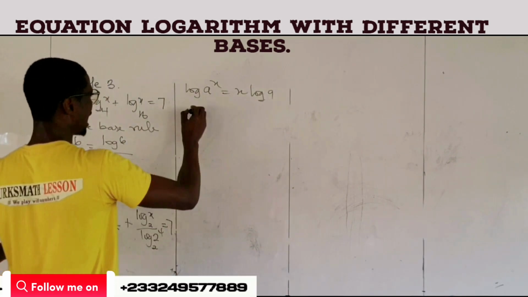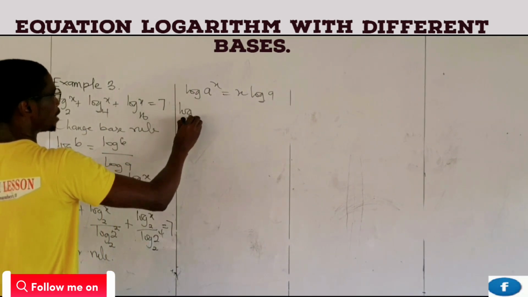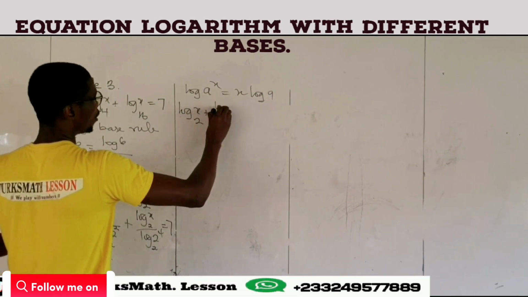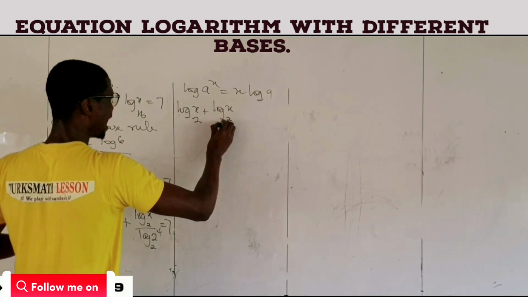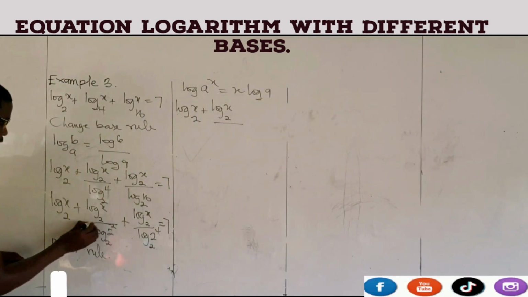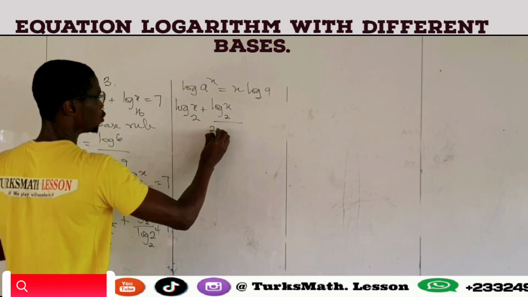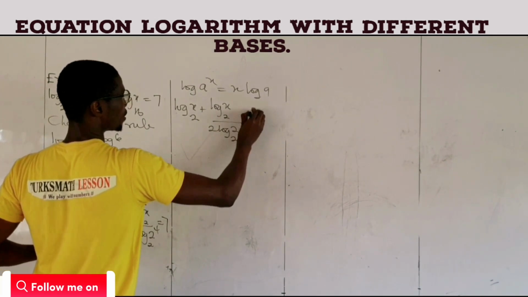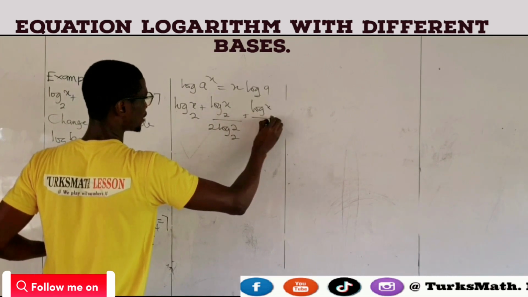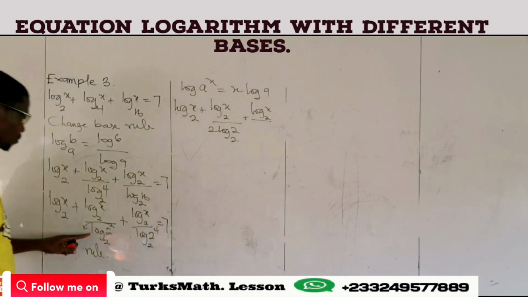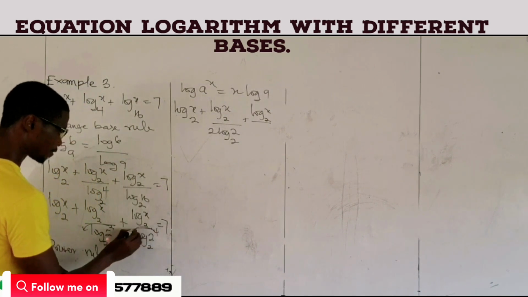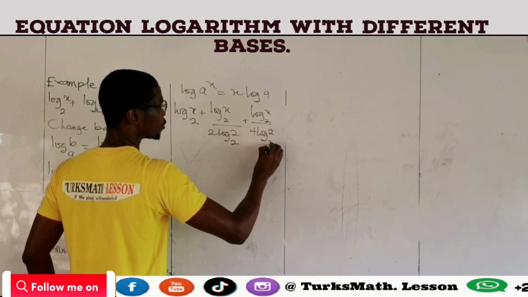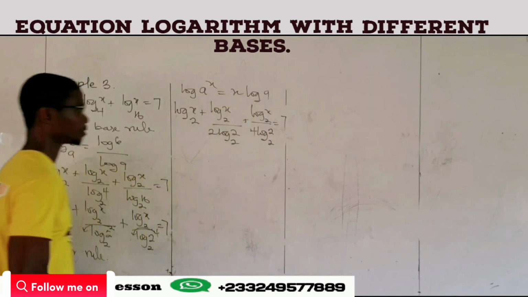So this side, you maintain the same thing: log x base 2 plus log x base 2 out of 2 log 2 base 2, plus log x base 2 out of 4 log 2 base 2 equals 7.